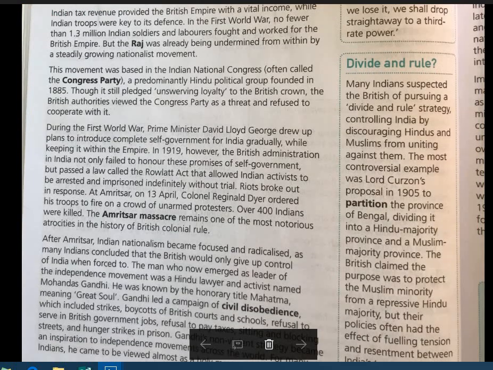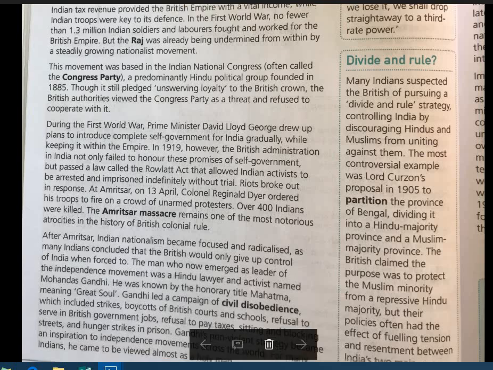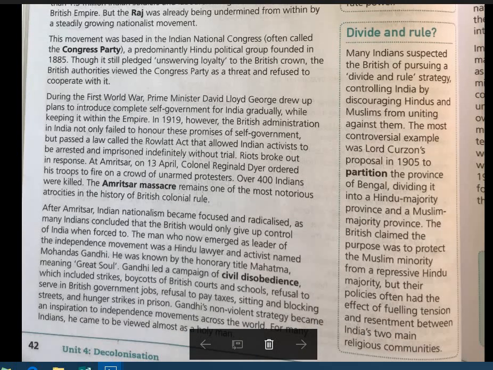Now, obviously, the British were ruling over India, but there were other problems or concerns happening within India itself. So, divide and rule. Many Indians suspected the British of pursuing a divide and rule strategy, controlling India by discouraging Hindus and Muslims from uniting against them.